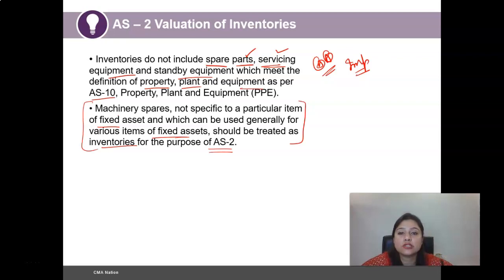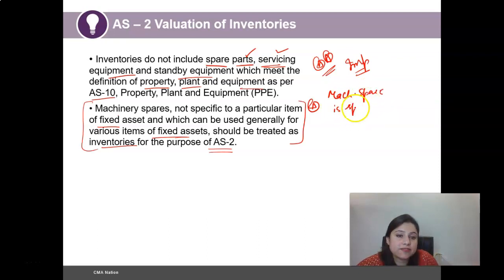So in case such spares do not belong to a specific item of fixed asset, and if those machinery spares can be used generally for the various items of fixed asset, then such machinery spares should be treated as inventory instead of treating them as an asset.